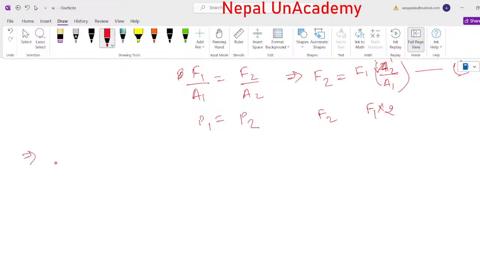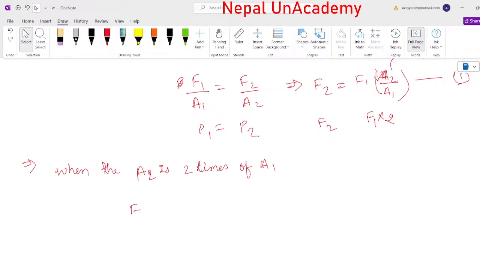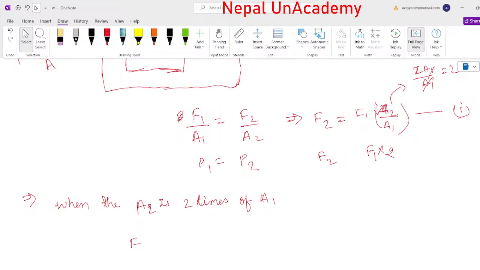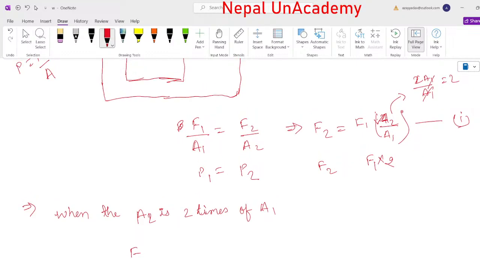When A2 is 2 times A1, then basically what we derived first, let me write here as equation 1, in a way that looks clearer.